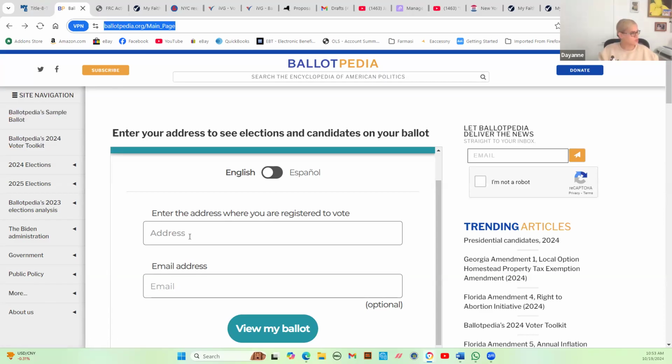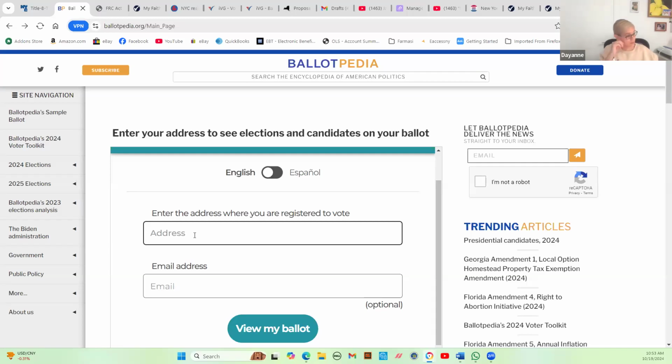Let's click on the sample ballot, and I'm going to view my ballot, to see what's coming up in November at the polls. Now remember, never assume that your ballot is going to be the same as your neighbor on the other side of the street, due to redistricting. They made changes to the districts.